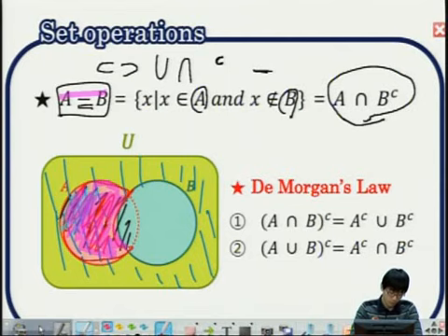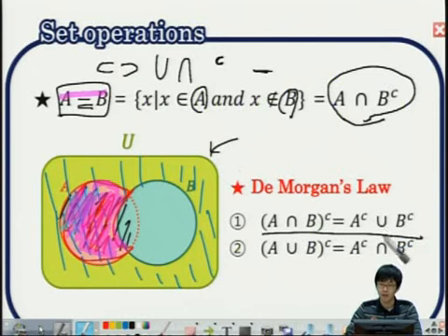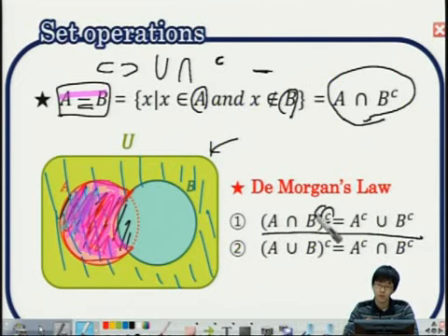So, De Morgan's law. We use this without proof. I think you can prove this by yourself in this Venn diagram, because if you color the left side and the right side, then these two will be exactly the same. If you get this complement inside, then this notation will change like this.